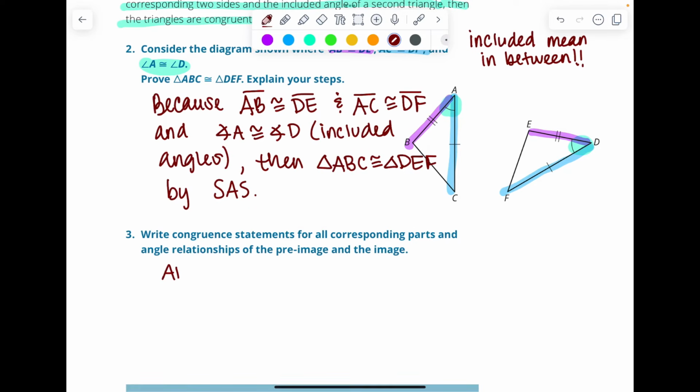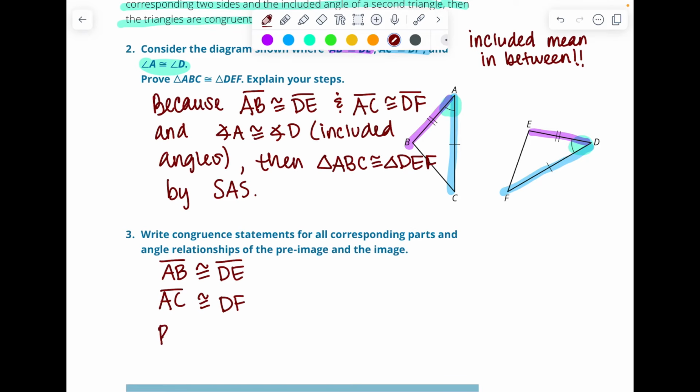So we already know that AB is congruent to DE, sorry, I did that in the wrong order. We know that side AC is congruent to DF.